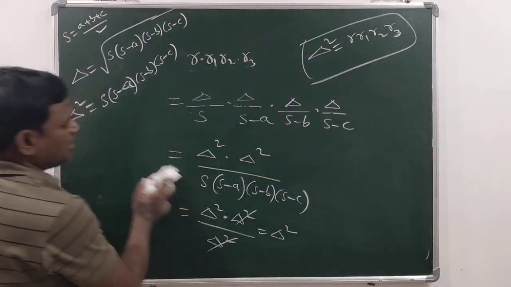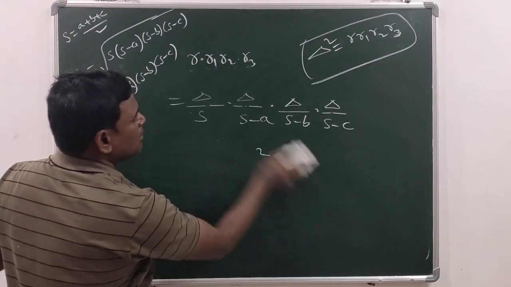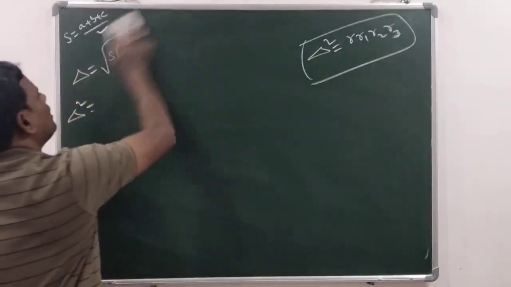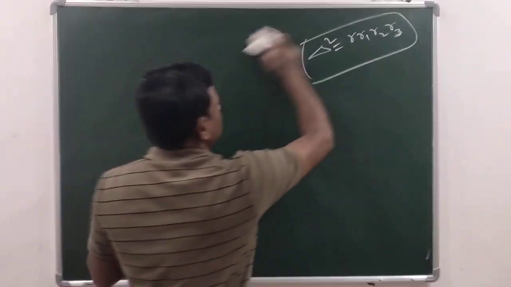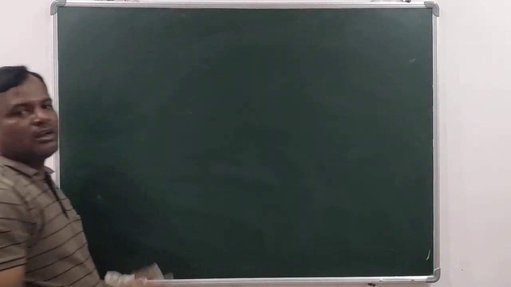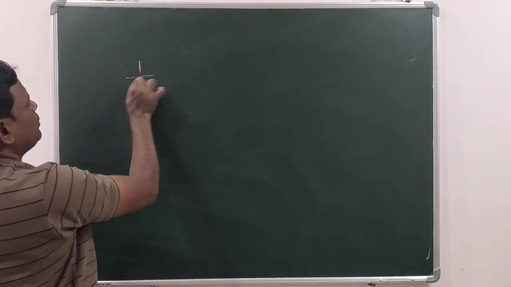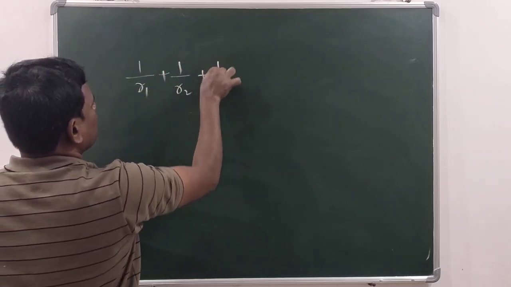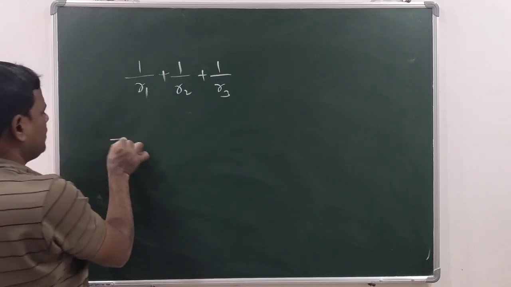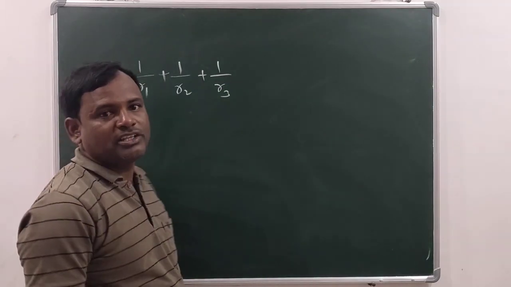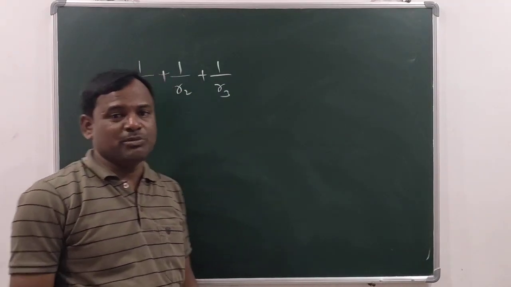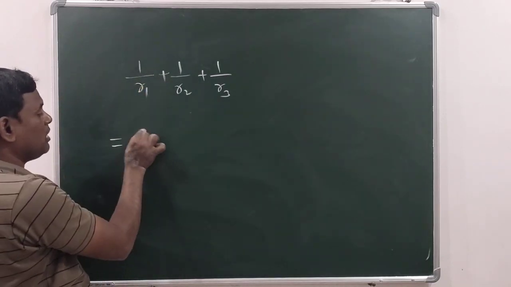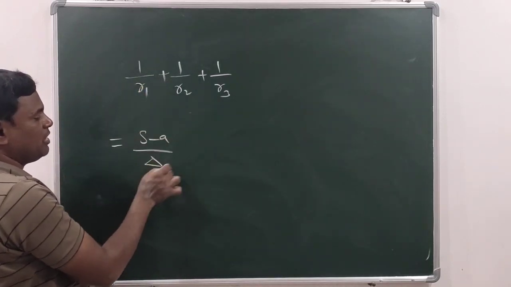Okay. Now let us see one more relation between these R1, R2, R3. Now simplify this, students. 1 by R1 plus 1 by R2 plus 1 by R3. So you know R1 is equal to delta by S minus A. When you take its reciprocal, S minus A by delta you will get.